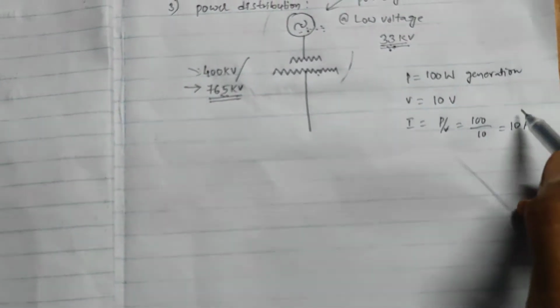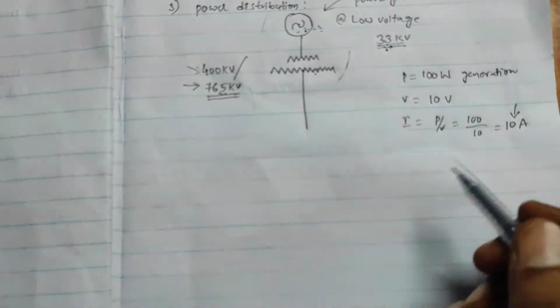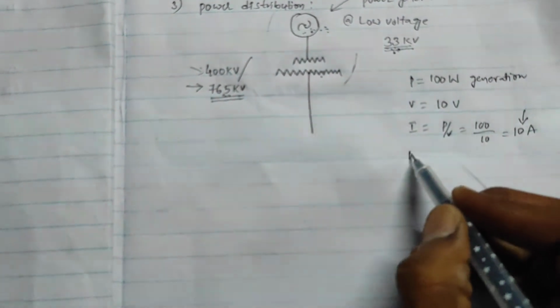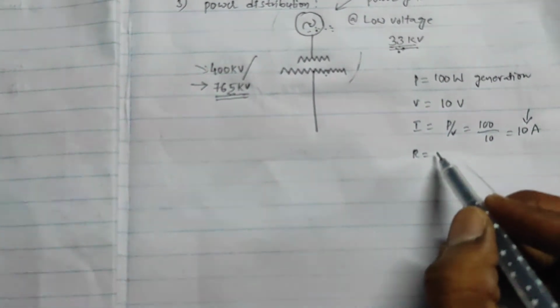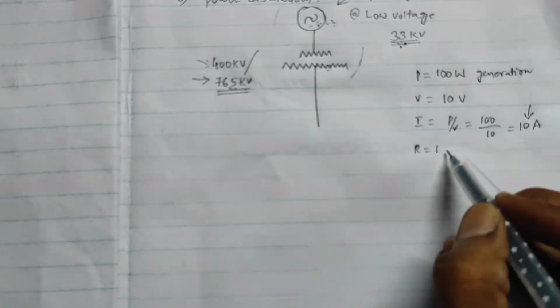And this 10 amp of current creates a power loss. Let's suppose the line resistance R is 1 ohm.